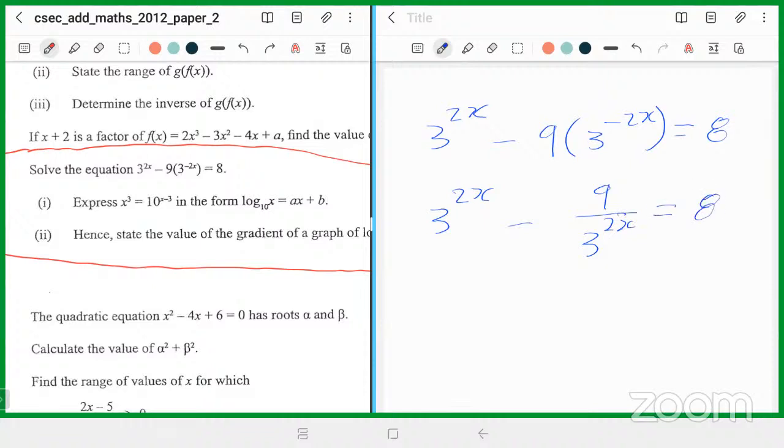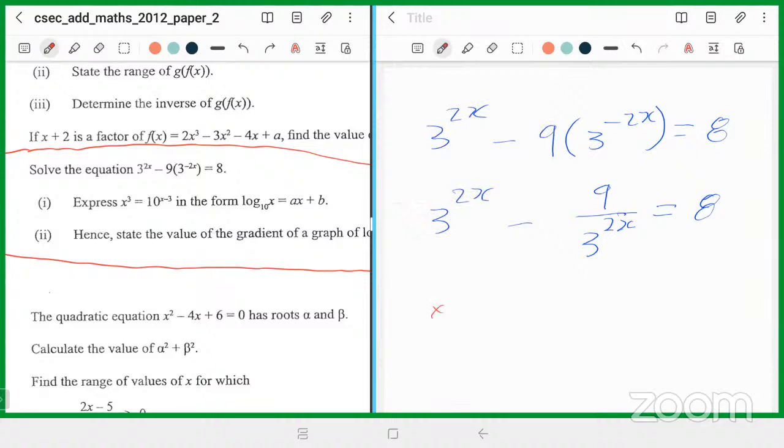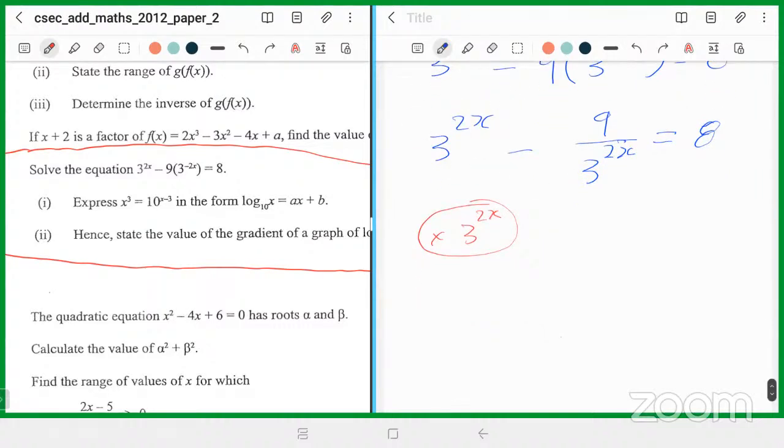Good. And then we're going to expand this out of the denominator by multiplying through by 3 to the 2x. Multiply 3 to the 2x by 3 to the 2x. This becomes 3 to the 2x squared, minus 9 equals, this I also multiply by 3 to the 2x, becomes 8 times 3 to the 2x.